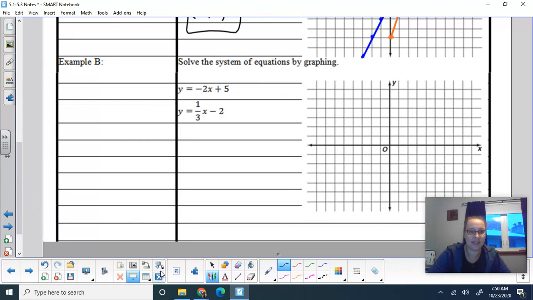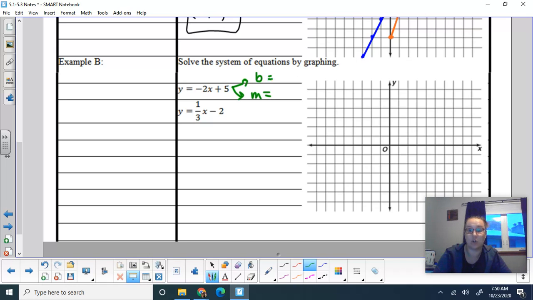All right, here in example B, we have another system of equations. I'm going to begin by looking at my first equation. It is in slope-intercept form, so I can state the slope and the y-intercept just by looking at the equation.